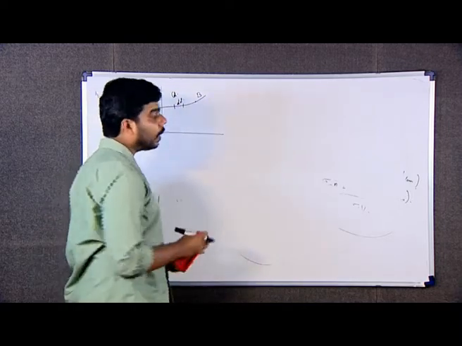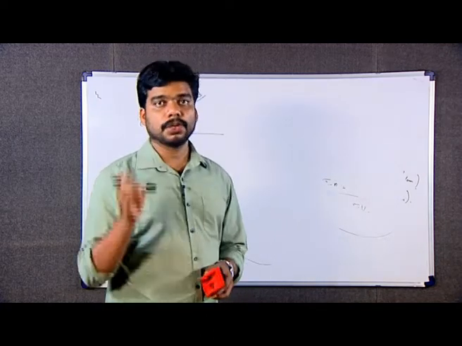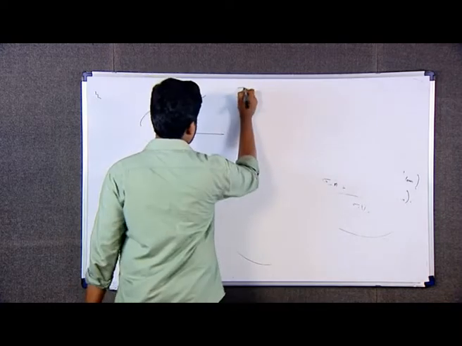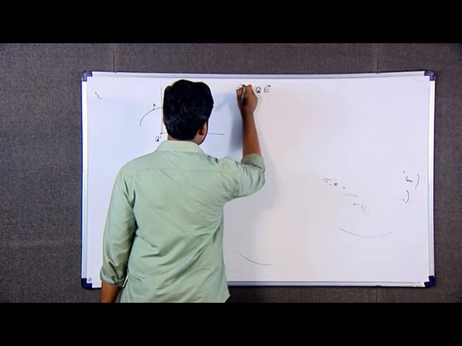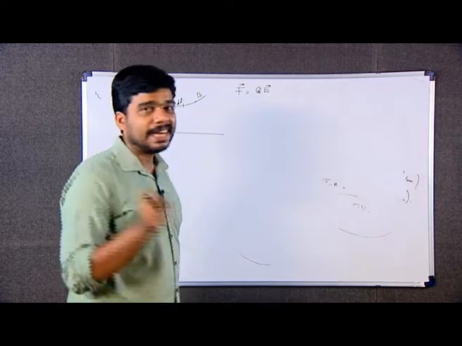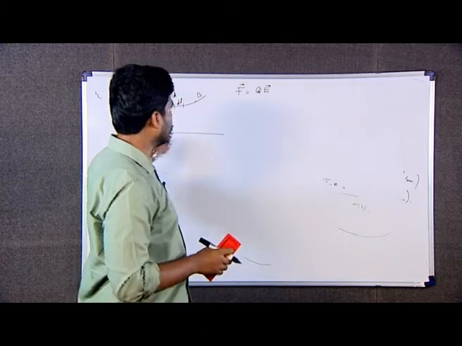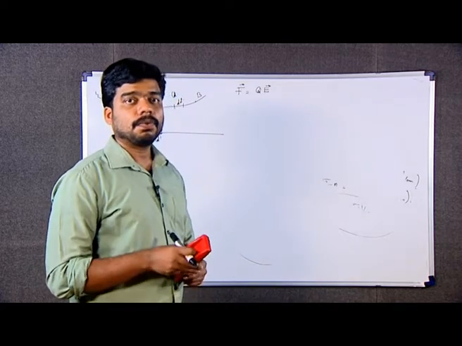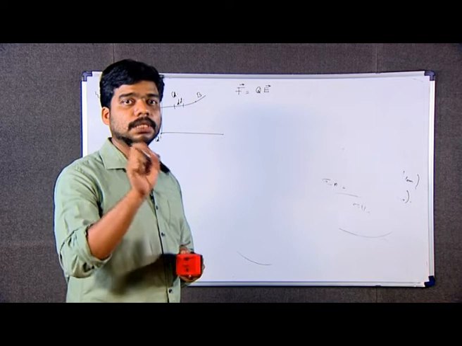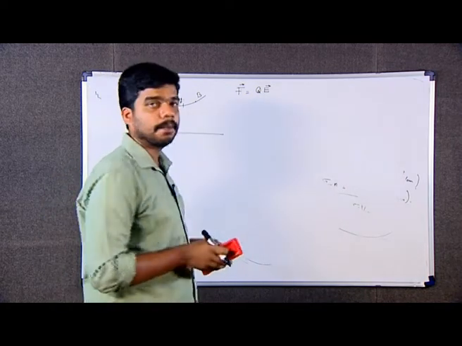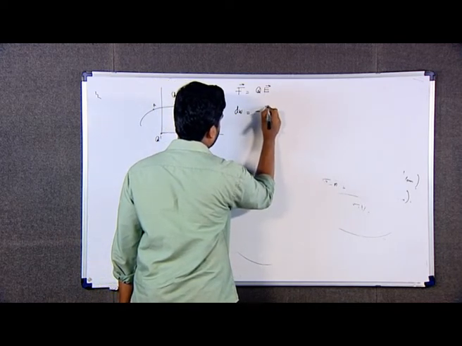So, what is the work done in moving this charge? The force acting on the test charge Q, capital Q, is, as we learned in our first lecture, F is equal to QE. This E is the electric field produced by this source point Q dash. So, how much work I should do to push this charge to a displacement of dl? dW is equal to minus F dot dl.